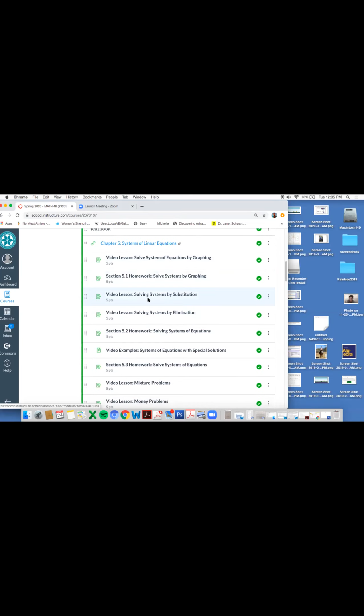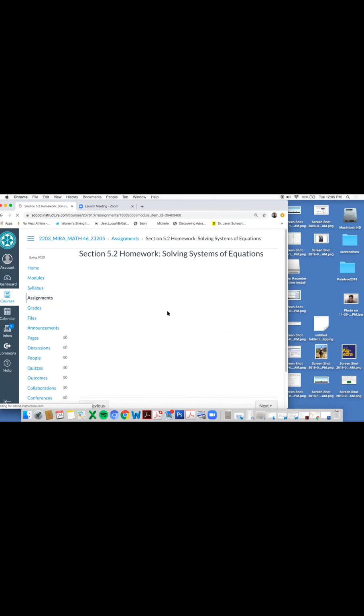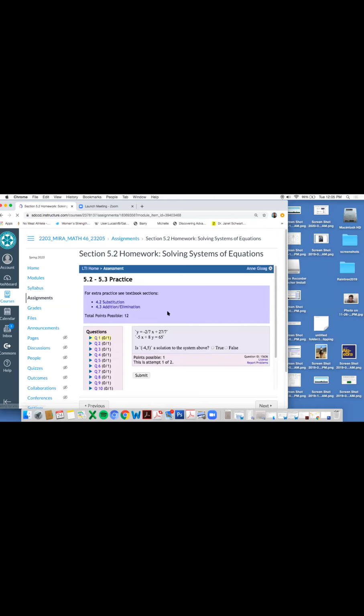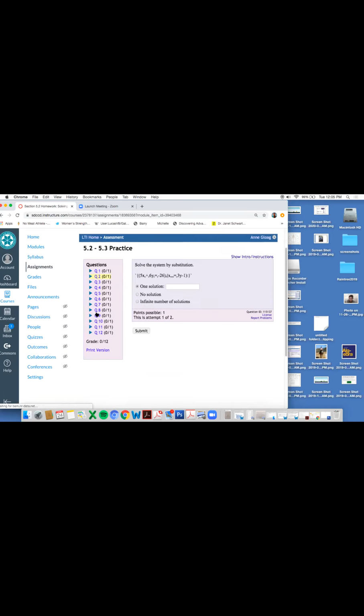And do the two video lessons for substitution and elimination. Again, they'll have a video and probably a problem or two to work through. And then you should do the section 5.2 homework, solving systems with these last two methods, elimination and substitution. There are 12 problems on here that you need to go over, and it's asking questions like we've done over the lecture.